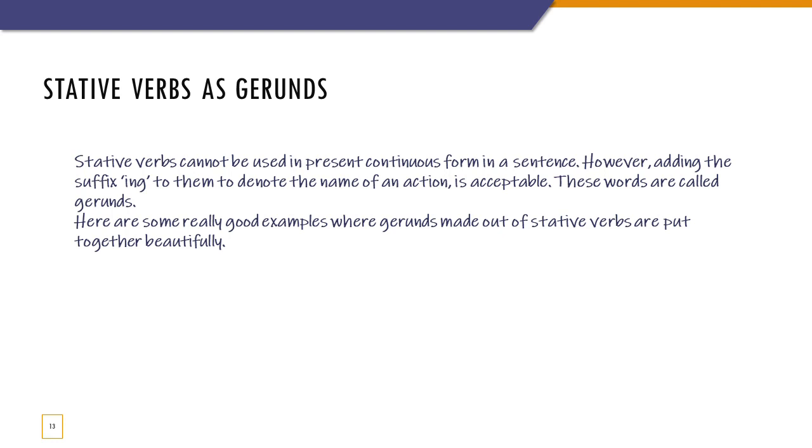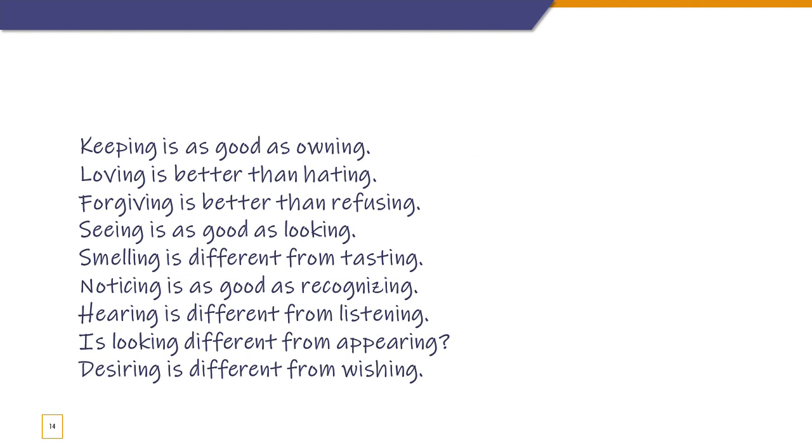So in that case, you can use stative verbs with ing. Now this is what English is all about. The moment you learn a concept, there is always an exception. So this is a completely different concept where stative verbs are used as gerunds, and here you use the suffix ing to denote the name of an action. Is that clear?